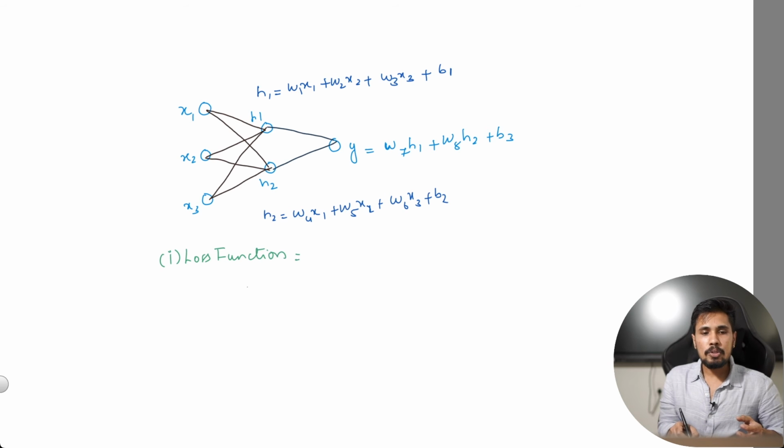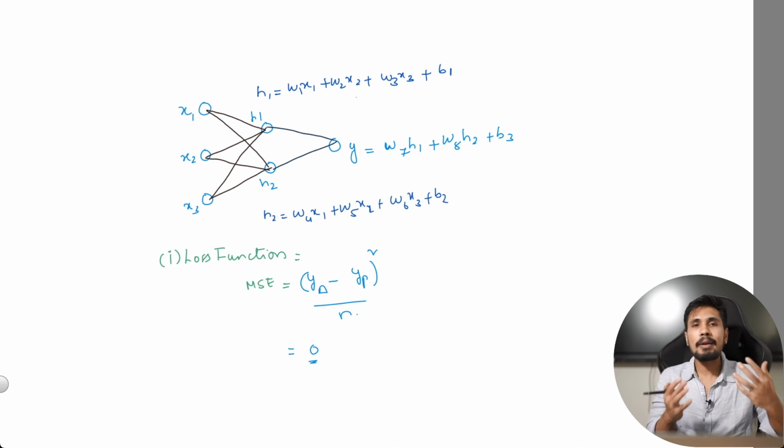The loss function is the mean squared error, or we have mean absolute error, where the mean squared error equation is y actual minus y predicted, whole square, divided by n. When the difference is close to 0, the weights which we updated are accurate.